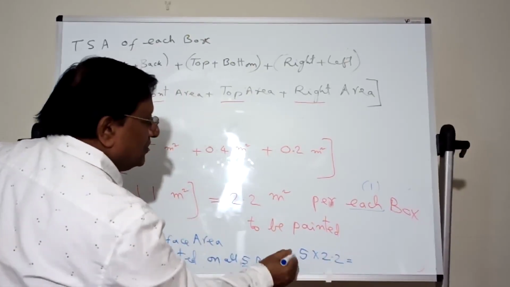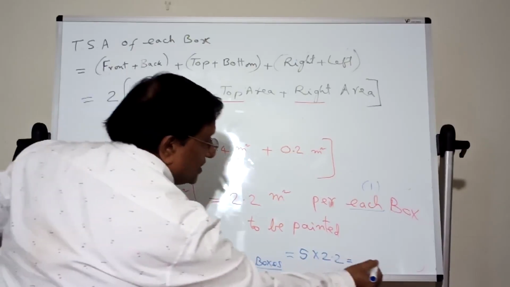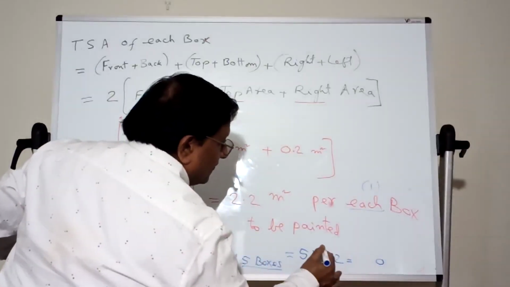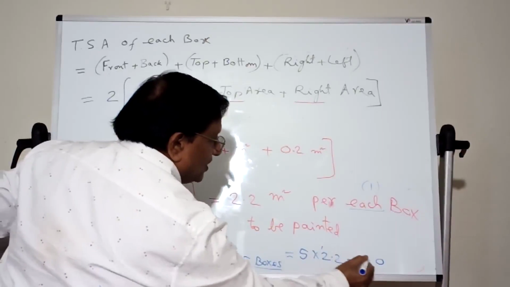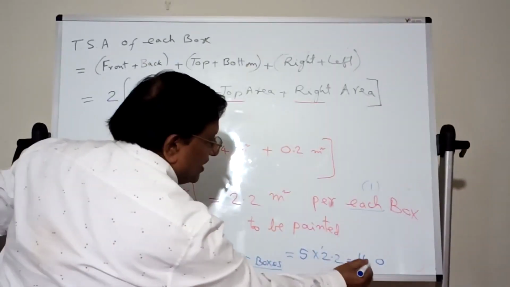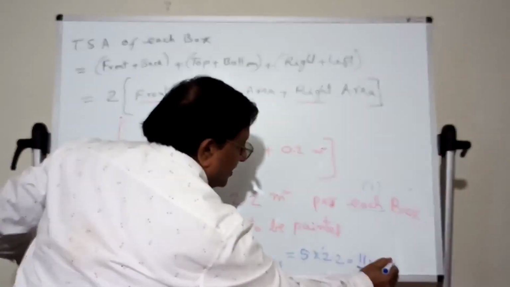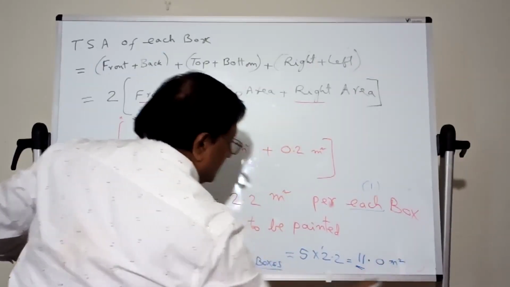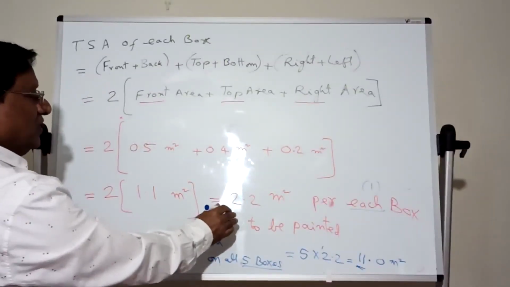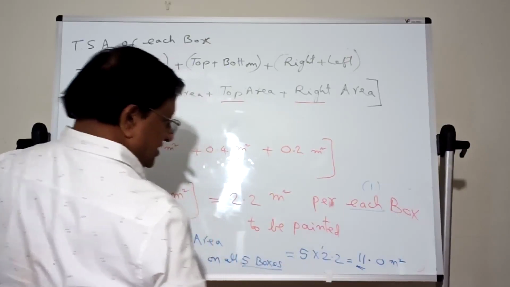By mental calculation, 5 times 2 is 10, plus 1 is 11. And because of one decimal, it will become 11 square meters we need, because 2.2 square meters for 1. So 5 times 2.2 is 11 square meters.